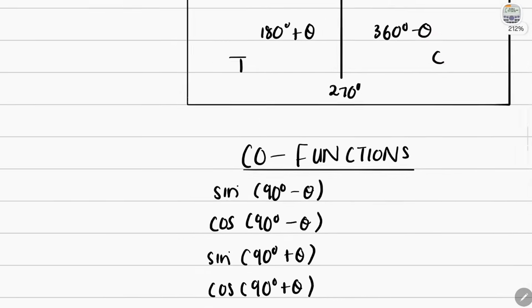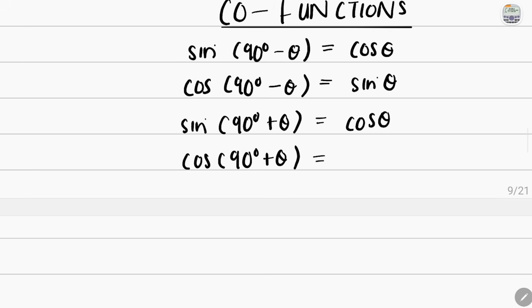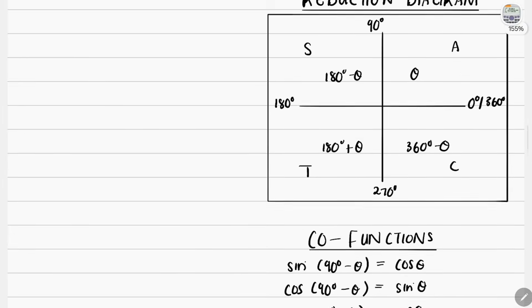And just remember that with your cofunctions, sine of 90 degrees minus theta equals cos theta. So it just changes. And then cos of 90 degrees minus theta equals sine theta. Sine of 90 degrees plus theta equals cos theta. And finally, cos of 90 degrees plus theta equals negative sine theta. That's the only one that changes to a negative. So just remember those.